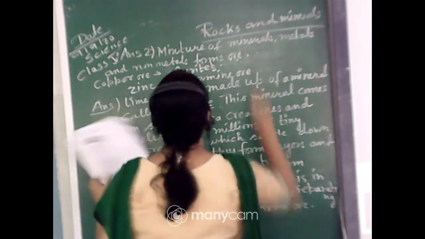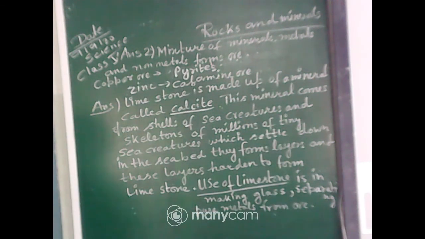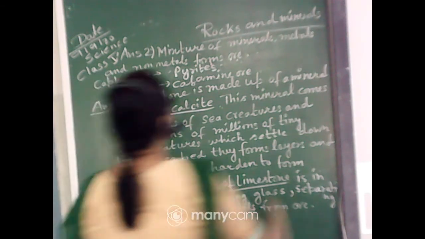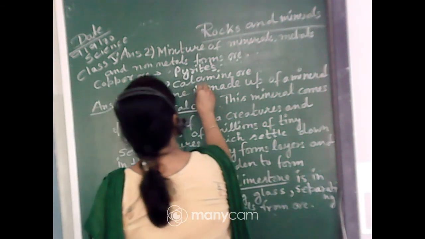So we can get copper from pyrites and zinc from calamine in a good quantity.